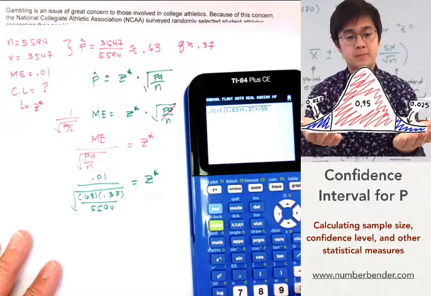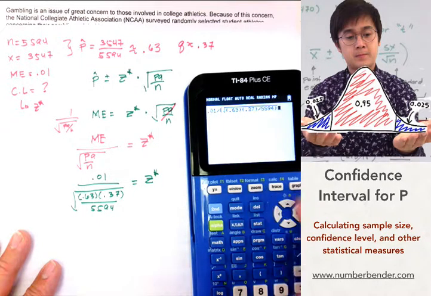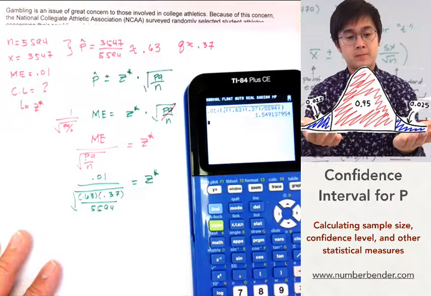And let's close this again. So 1.549, so Z star is 1.55. So our Z star is equal to 1.55.